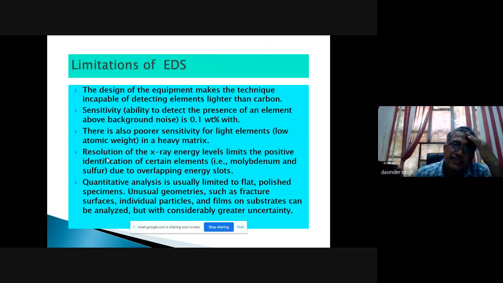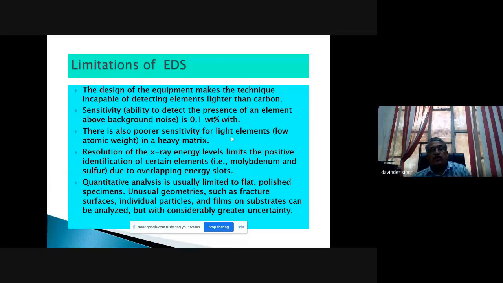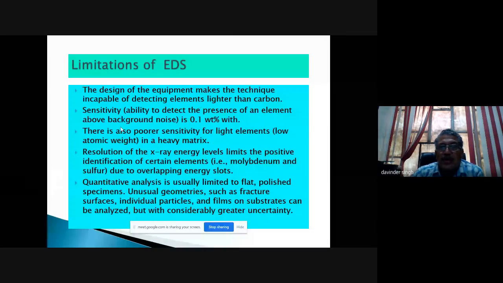Okay, so EDS with the SEM system generally has limitations, or let's say, a sensitivity limit up to what percentage of an element it can detect. The limit is generally 0.1 to 8%. Also, there is poor sensitivity for light elements, because on the lower side the emission is very poor, and that's why you have a problem.